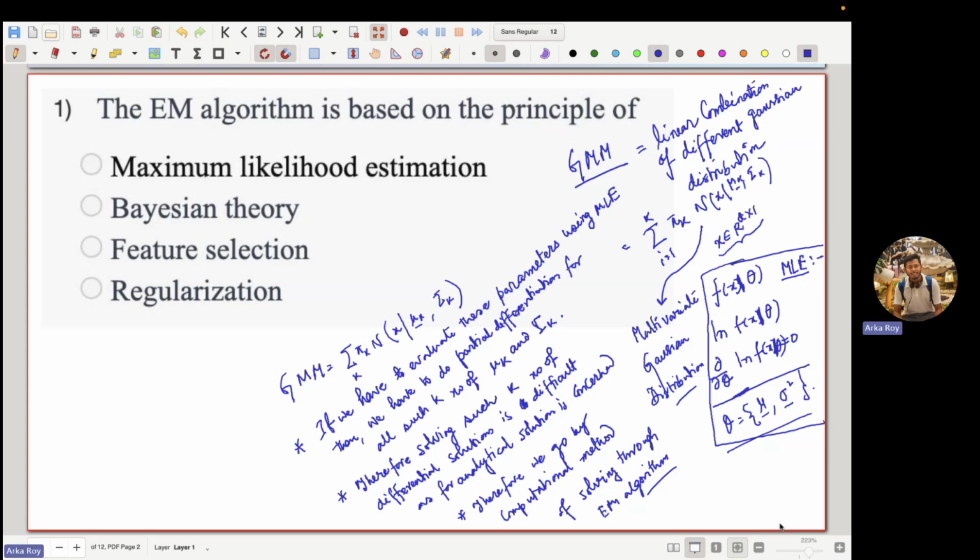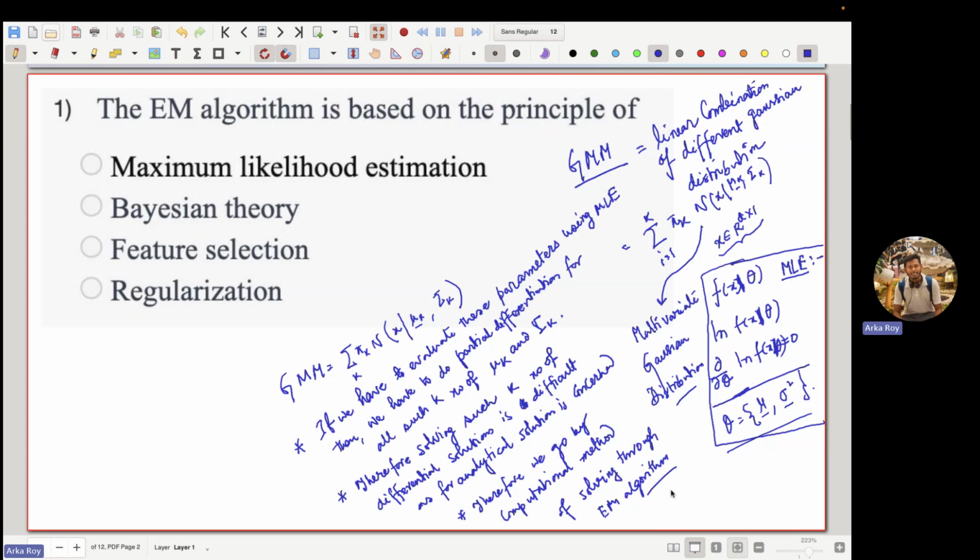Differential equation for k number of components. Therefore, it is basically suggested that we should go for a computational method through which we can solve the MLE estimation, and that is basically the EM algorithm.